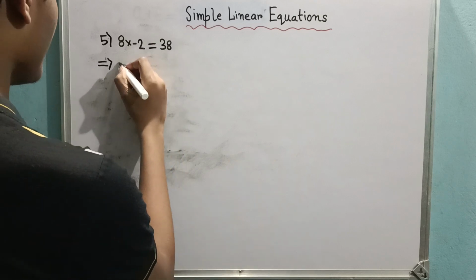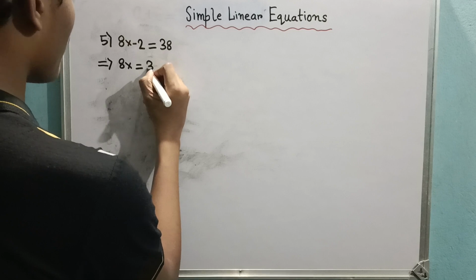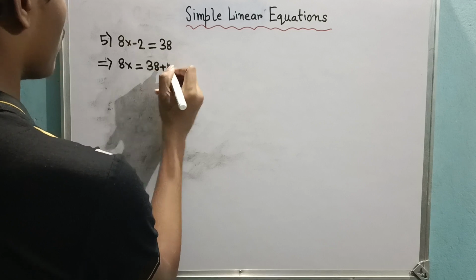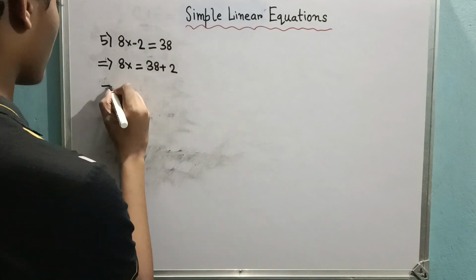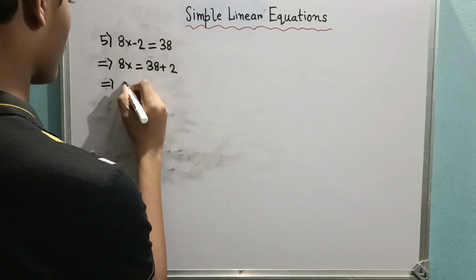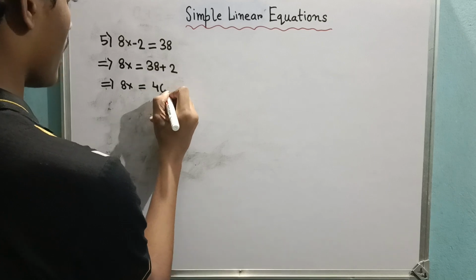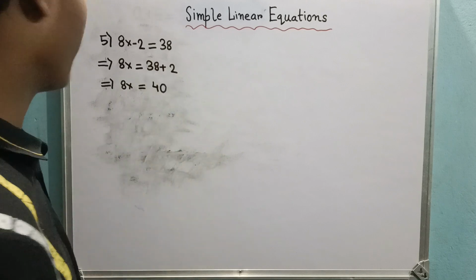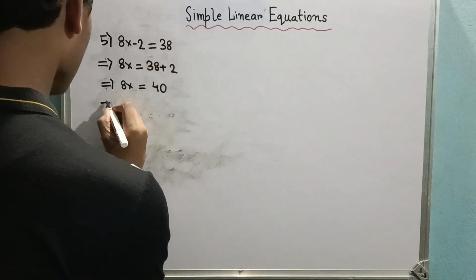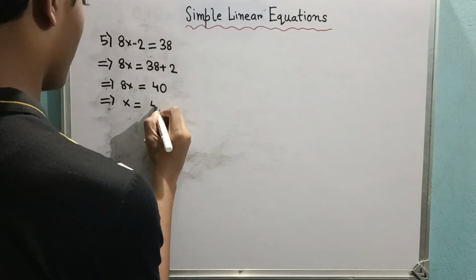So in the next step I can write that 8x equal to 38 plus 2. So now let's just go for it. 38 plus 2 you all know is 40. No problems with that. And in the next step, here we have to shift this 8 to this side. So here x will be equal to 40 divided by 8.